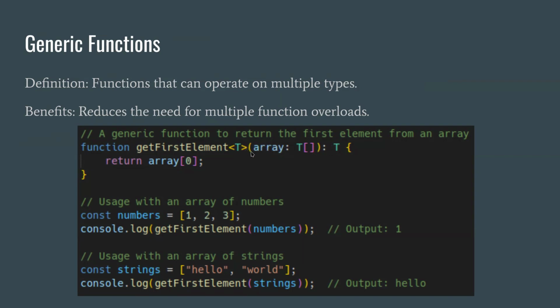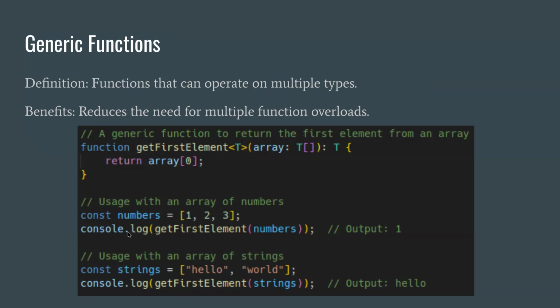Without generics, you might need multiple functions for arrays of numbers, strings, and so on. But with generics, you can have just this one function that does it all. Here, T represents any type, which is determined when the function is called.